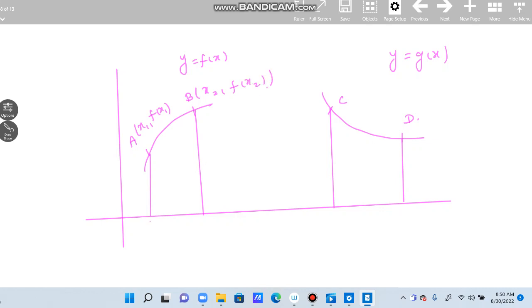It is very clear from the figure that x1 is less than x2.